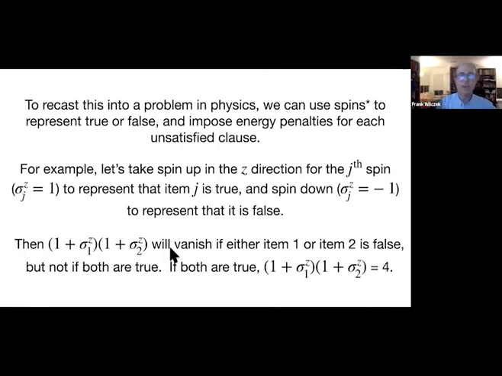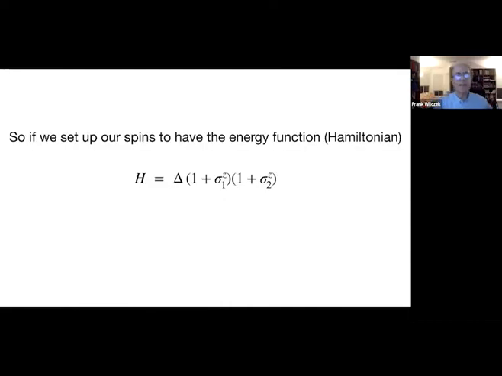But if both of them are true, so if you violate our canonical assertion, not x1 and not x2, then this will be a positive quantity, namely 4, because it'll be 1 plus 1 times 1 plus 1. So if we can set up our spins to interact in an appropriate way so that their energy, depending on how they're relatively aligned, is given by this function, then what we've done is impose a penalty for every mistake, an energetic penalty for every mistake.